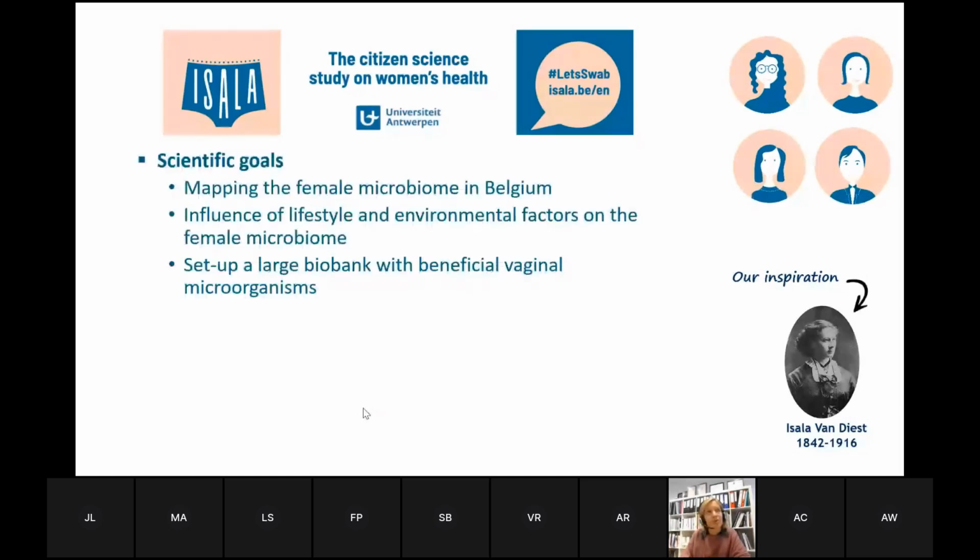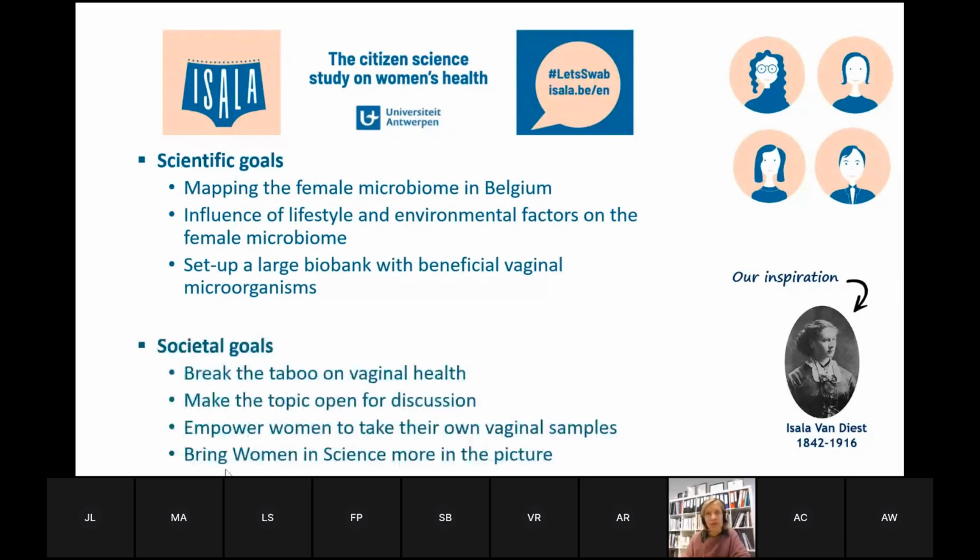And we decided that, in addition to my own scientific goals, which were really focusing on mapping the lactobacillus biodiversity, it was also important to have attention to societal goals and to couple that really to the scientific goals, and to create a platform to open certain taboos on women's health and vaginal health, but also, for example, to put women in science in the picture, or also the bioinformatics that you need to analyze the natural biodiversity of lactobacilli.